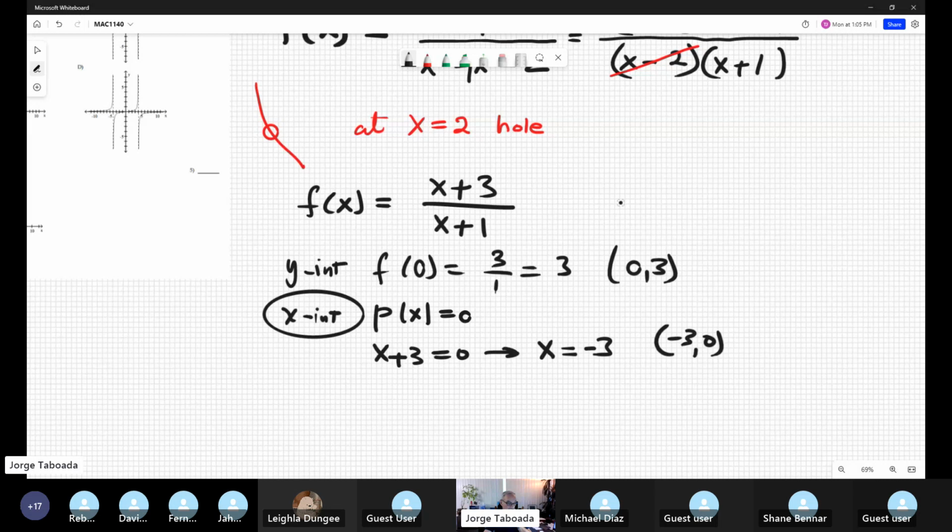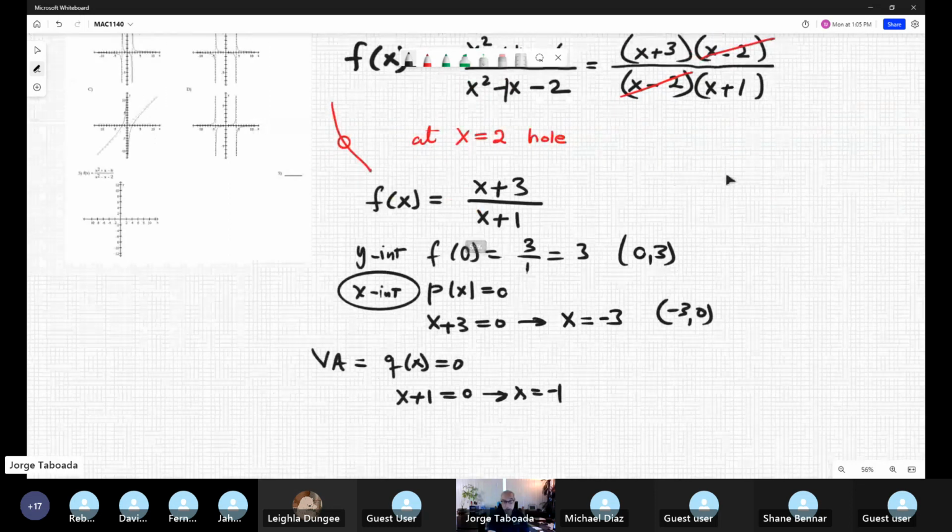Only one. Now the vertical asymptote. Remember, you take the polynomial in the bottom, q of x equals 0. In our example, x plus 1 equals 0. Then the solution is negative 1. So we have only one vertical asymptote at x equals negative 1.